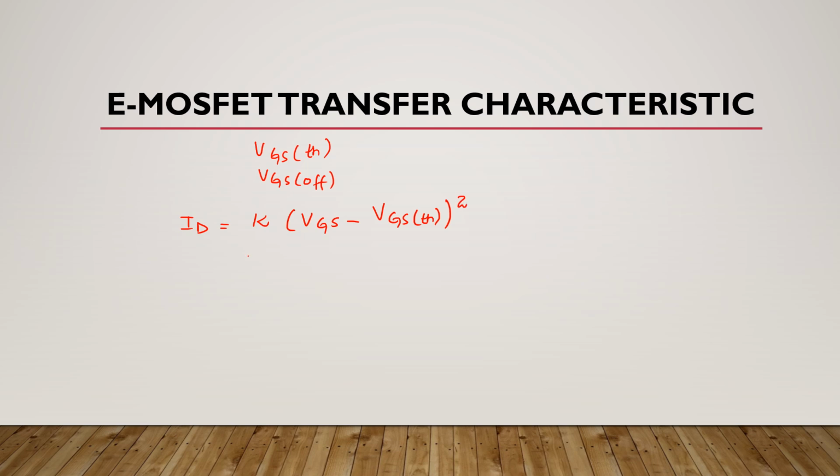Here this K is a constant and its value depends on the particular MOSFET and it can be determined from the datasheet. Okay, and here if you have the values of gate to source voltage and threshold voltage, then you can find the value of drain current using this equation.